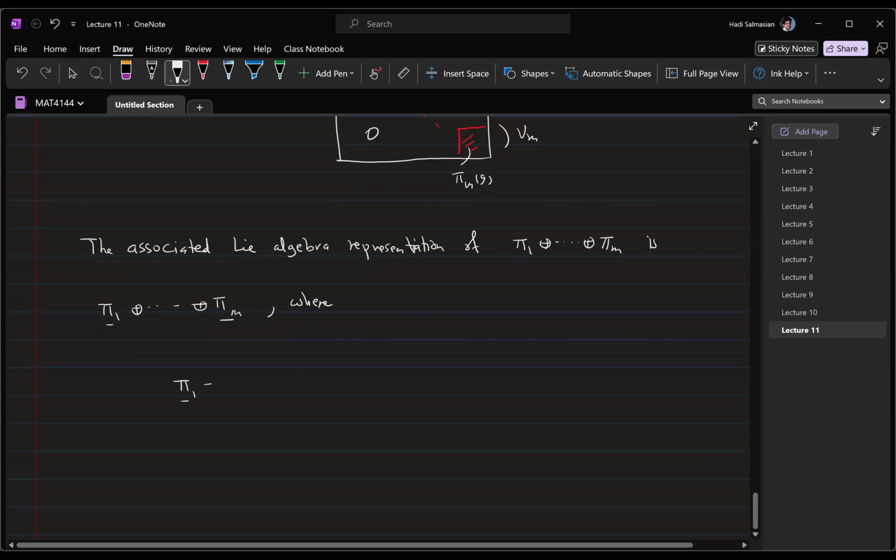Again, pi 1 underline plus up to pi m underline of x, acting on V1 plus up to Vm, is simply pi 1 underline x on V1 plus up to pi m underline x on Vm.